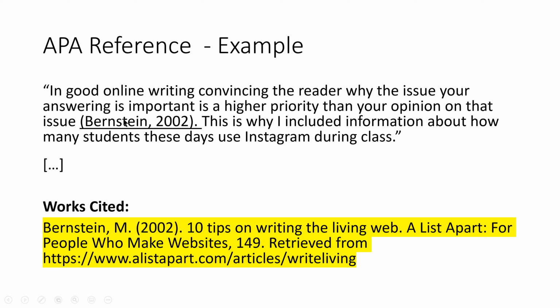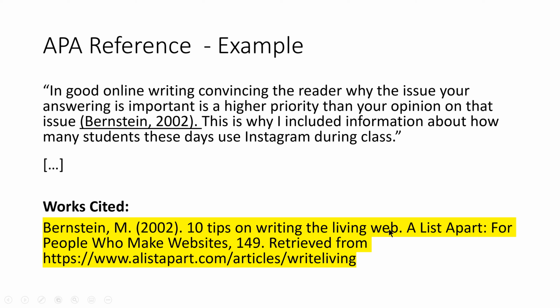Because if you told me Bernstein 2002, that's where you got it from, I'd be like, great, but I don't know what that means. I don't know how to find that to make sure you actually got it from this source. So that means you would say Bernstein 2002 so that I could look back at your works cited at the bottom and see, oh, Bernstein 2002.